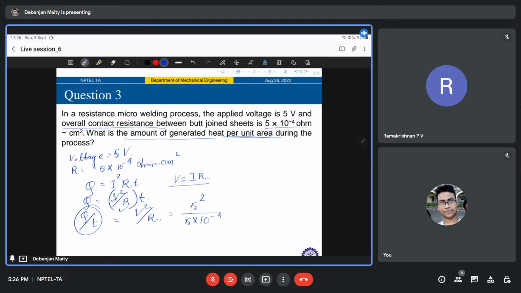The unit will be in terms of watt per centimeter square. So this is basically heat generated per unit area per unit time. Now this will be 5 into 5 over 5 into 10 to the minus 4. So this will be simply 5 into 10 to the power 4 watt per centimeter square.